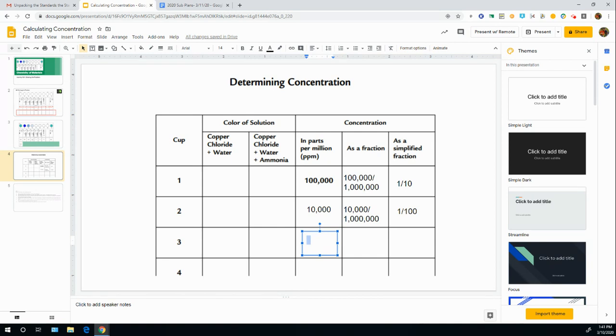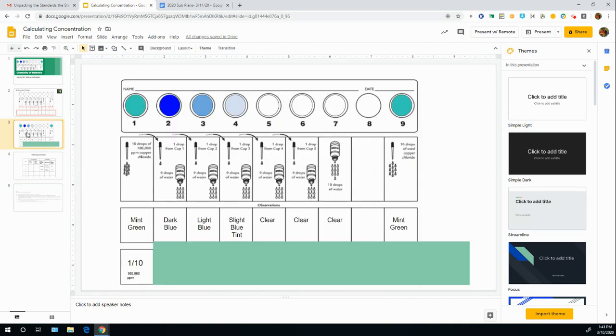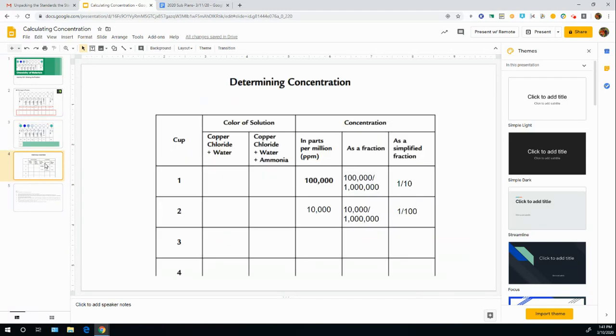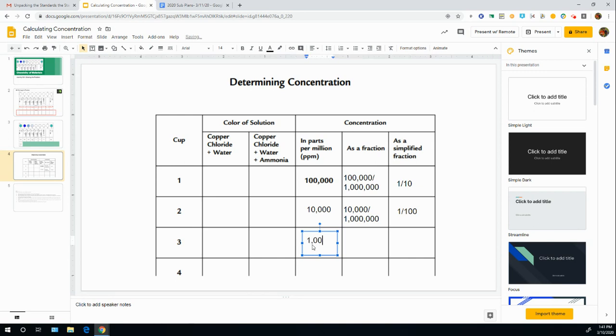And when we look at cup 3, we found that cup 3 was a lighter blue. Okay, and that is 1/10 of the concentration found in cup number 2, or 1,000 parts per million. To write this as a fraction, we simply take our 1,000 parts, remember, per is our fraction bar, million.